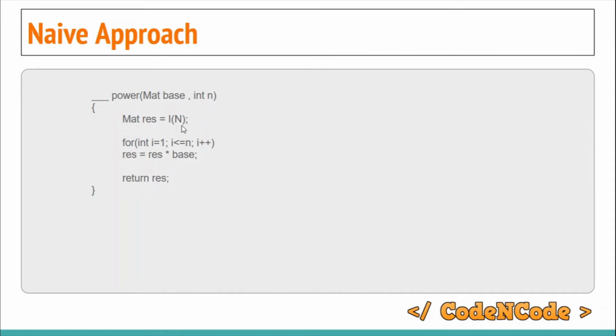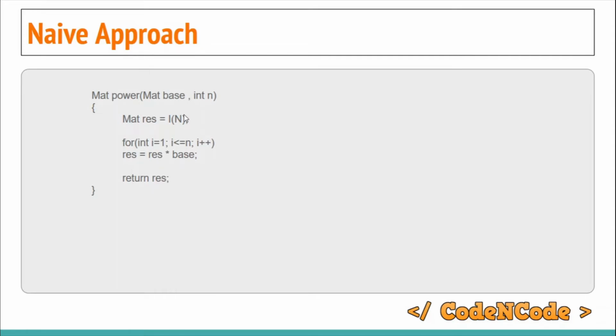So we would take a square identity matrix of order n, which would be the order of the base matrix, and then n times we would multiply result with base and then return the result. Of course the return type of this would also be a matrix. So this is how we would calculate base raised to power n, where base is actually a matrix.